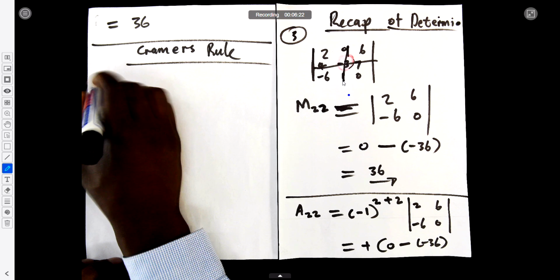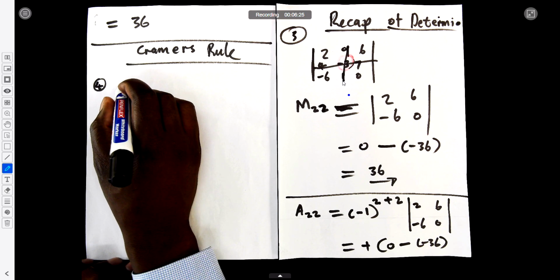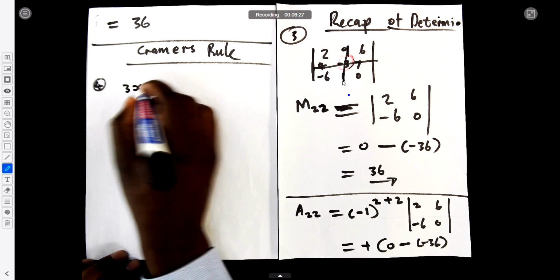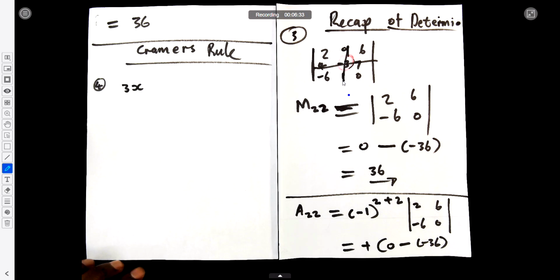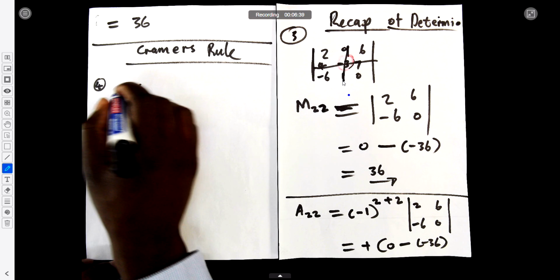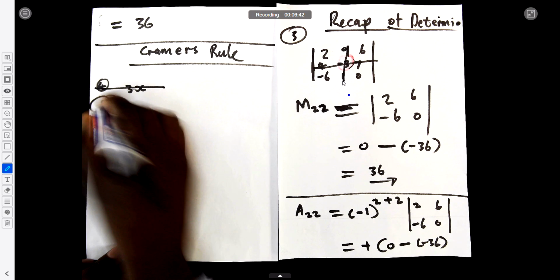I think it's in another book here. I'll say it's number 4. So we have equation 1, which is 3x. Okay, this is straightforward. I want 3 systems of equations. Okay, let me just take this one. This is number 5.